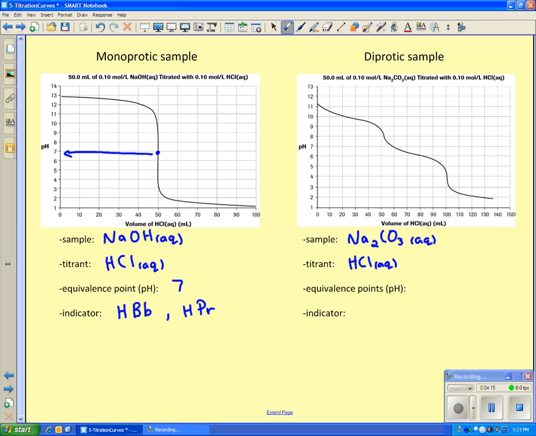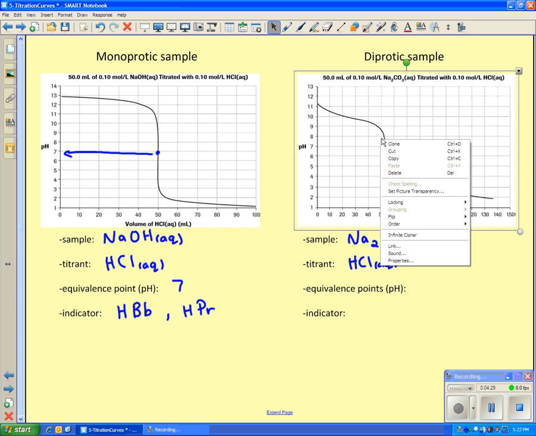The equivalence point on this is actually 2 points, because there's two places where we see a relatively sharp drop in pH. The first drop is around pH of 8, so right in the middle of that first drop.